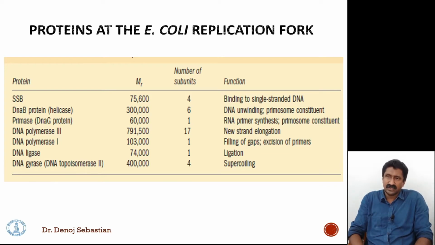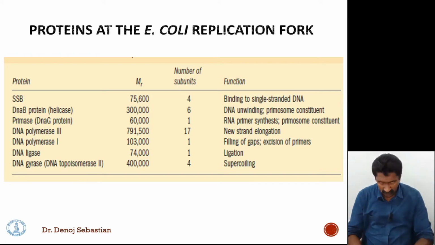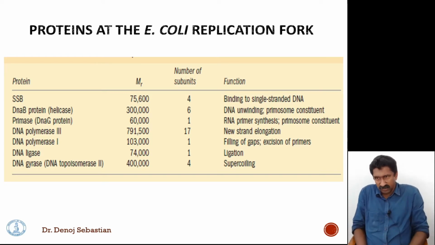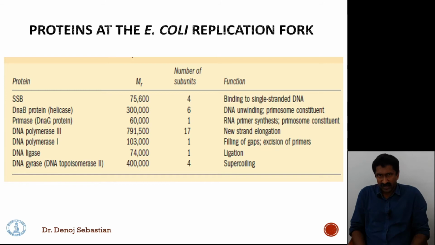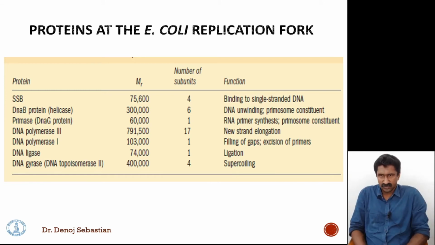That is SSB or single strand binding proteins, DnaB protein, that is a helicase, primase, that is the DnaG protein which creates the primer, DNA polymerase 3 which is used for polymerization, and DNA polymerase 1 which is used for removal of the primer and repair, or the filling of the gaps. Then ligase, that is used for ligation or joining or sealing of the strands.